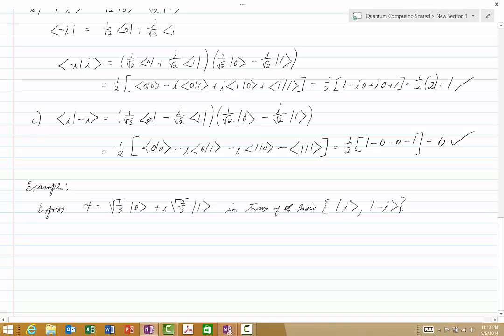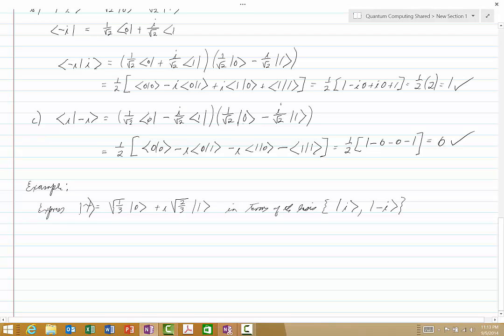Okay, so we want to express this vector, square root of 1/3 times the 0 ket plus i times the square root of 2/3 times the 1 ket, in terms of this basis that we've just learned about, the i and minus i kets. So how would we do it?